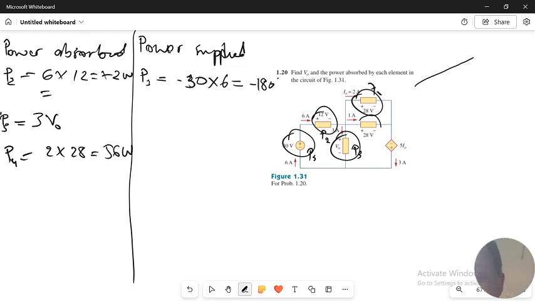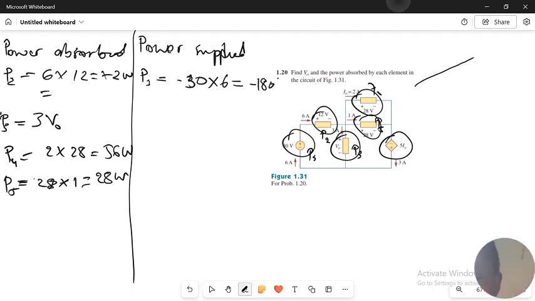Now let me check this one. The current is entering the positive, so I'll have P5 here equal to 28, the voltage, multiplied by 1, which is 28 watts.